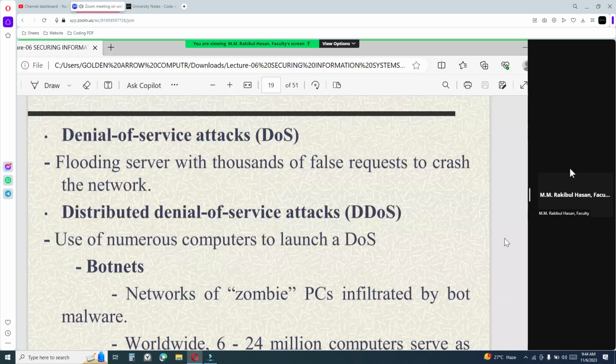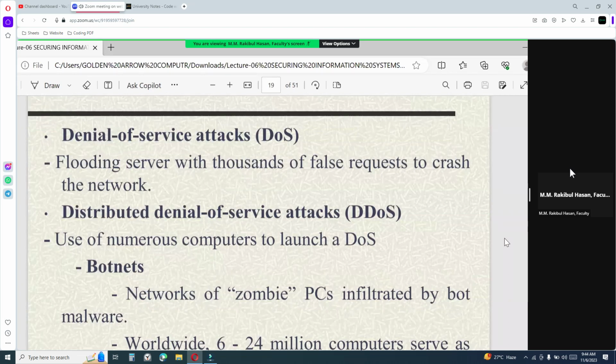Every server has a specific capacity to handle a number of hits at the same time. Suppose a server can handle 5,000 hits from client PCs. But when it becomes more than 5,000 hits at the same time, that server is going to go down. The hacker takes that chance.